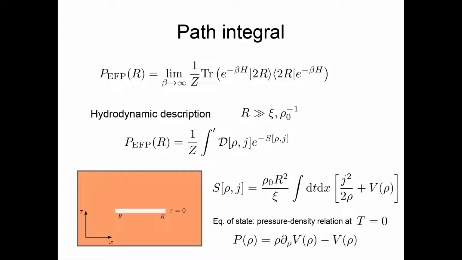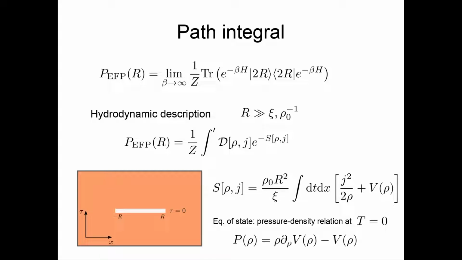And this can be done by using hydrodynamic description, namely my degrees of freedom will be coarse-grained density and currents of the fermions. And I have to find the appropriate weight for my path integral.